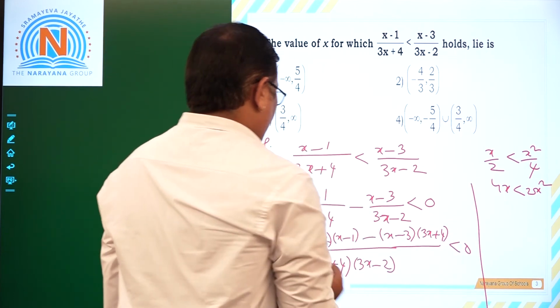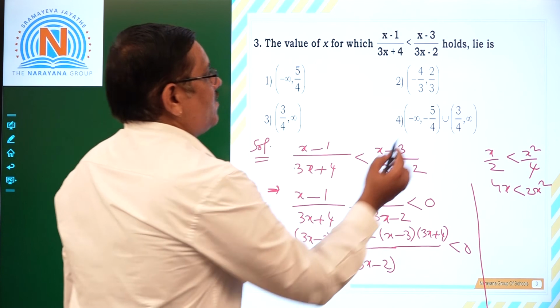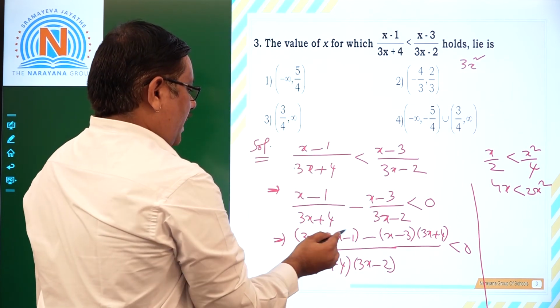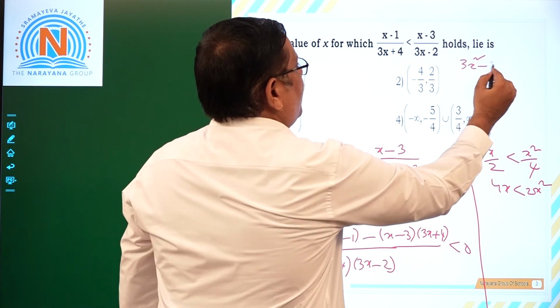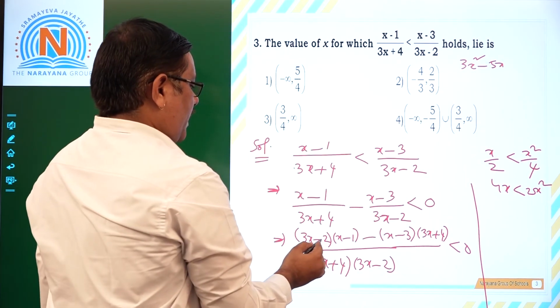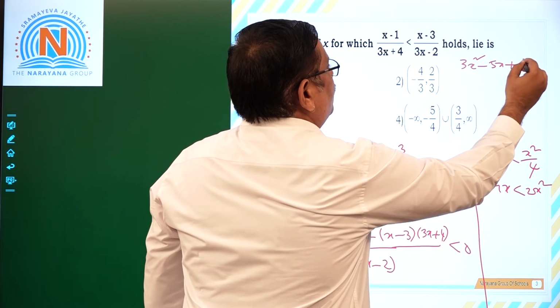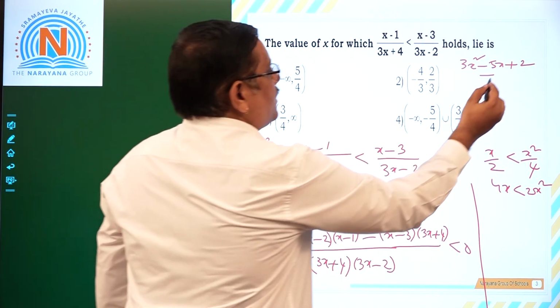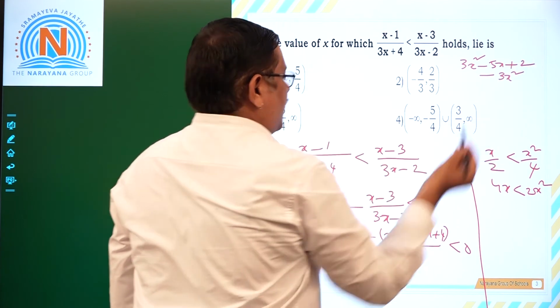If you simplify, you will get 3x into x, that is 3x square. Next, minus 3x minus 2x, that is minus 5x. Minus 2 into minus 1, that is plus 2. Minus of x into 3x, that is minus 3x square. I will multiply directly with the sign.